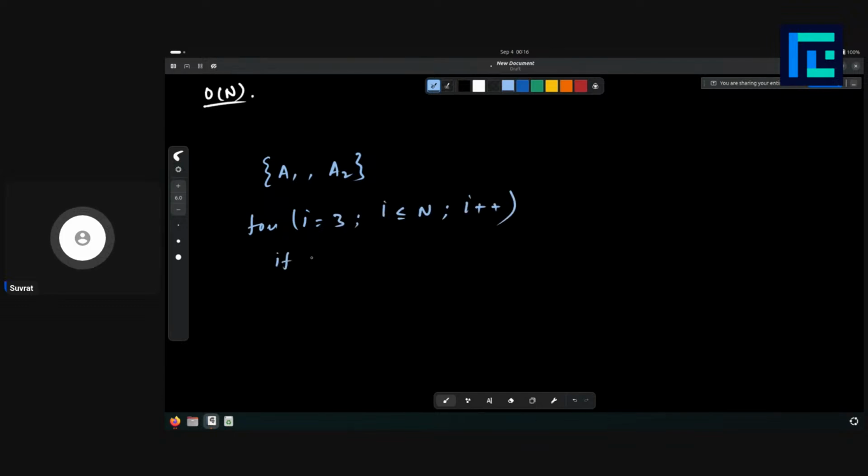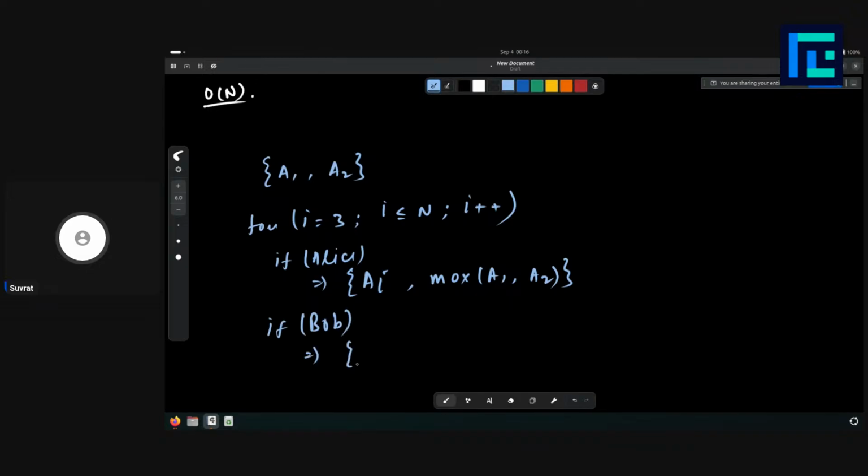If the current move is Alice's, then ai comma maximum of a1 a2 would be the answer, and if Bob's, ai comma minimum of a1 a2 would be the new border elements.